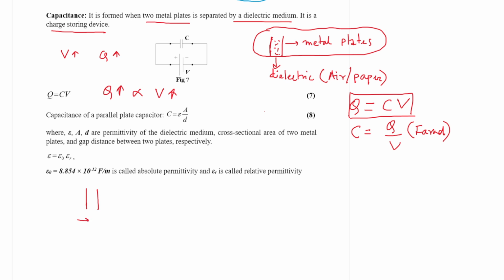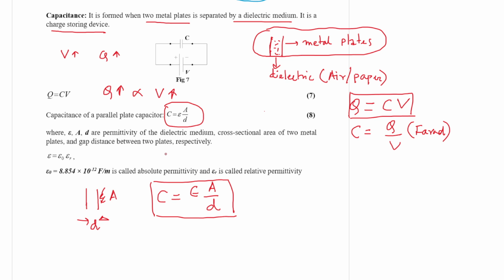If that parallel plate capacitor has the distance between two plates as D, and the area of the cross section of the plate is A, then the capacitance of a parallel plate capacitor is given by epsilon A by D. This is another well-known relation studied in school level physics.